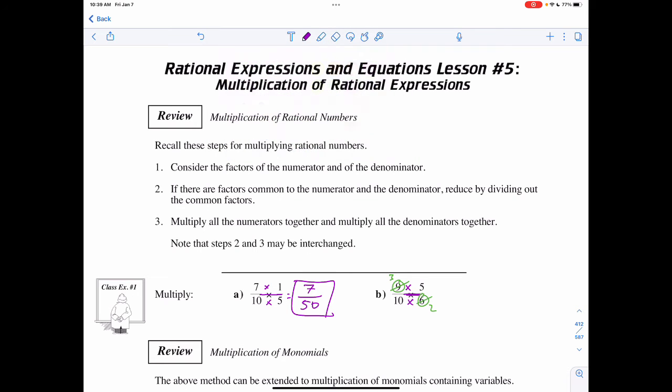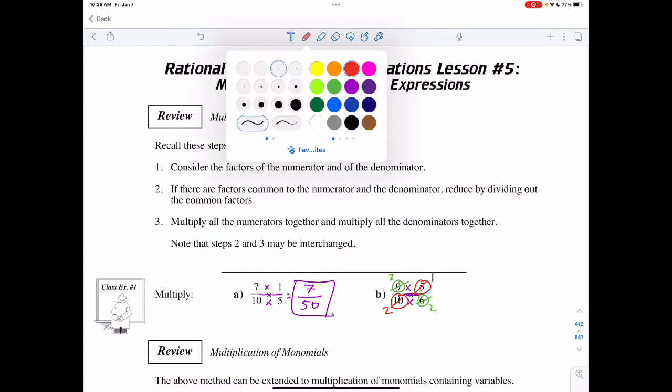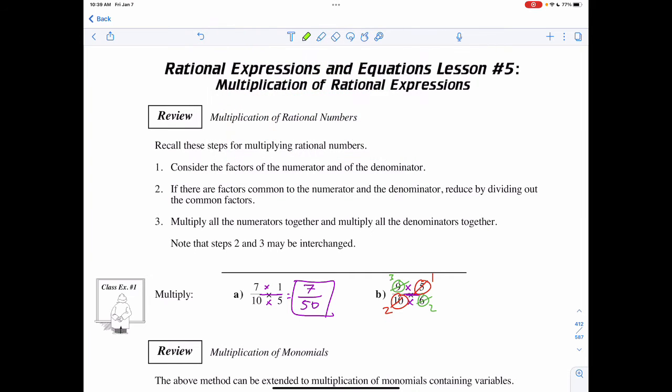I can simplify the 5 and the 10 by dividing both of them by 5, and I get that is going to be 1, and that is going to be 2. Which means that really I can look at it in terms of 3 times 1 and 2 times 2, which is just 3 over 4.